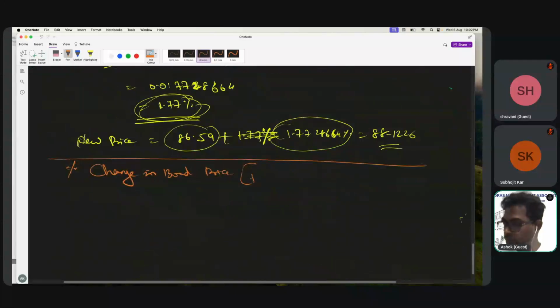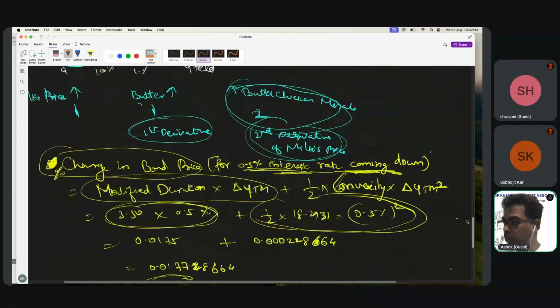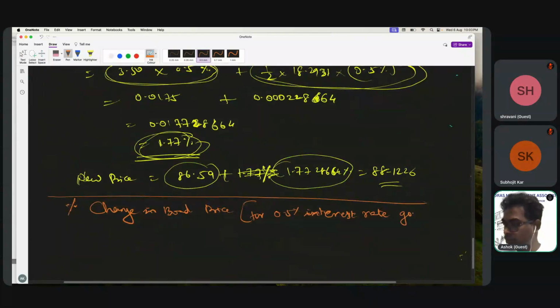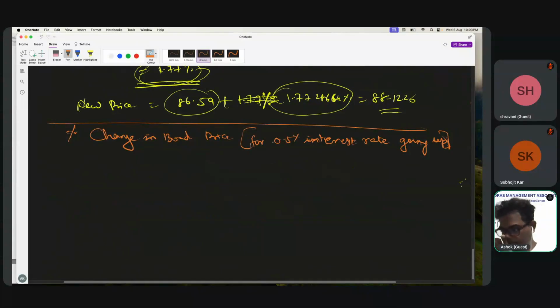For 0.5 percentage interest rate going up, okay, this time. Interest rate going up.